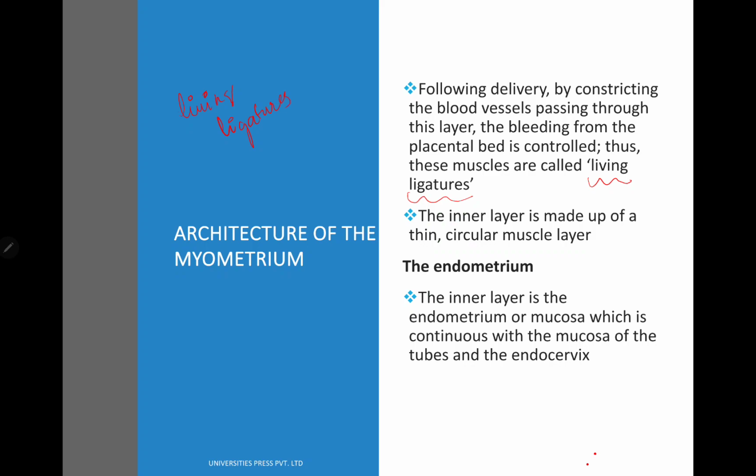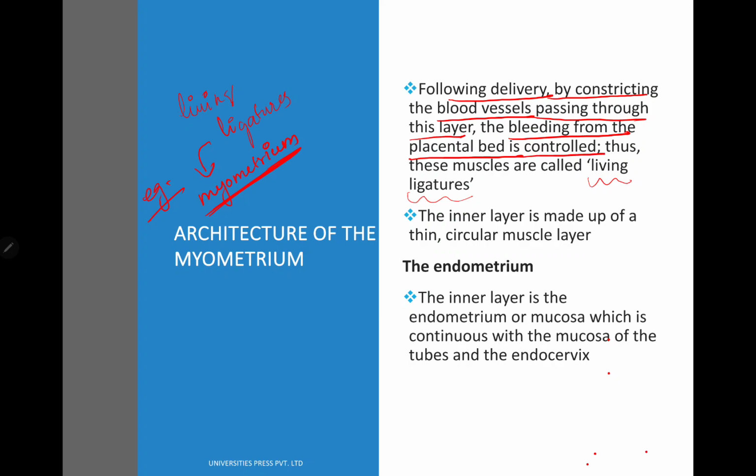Living ligatures, for example, is going to be your myometrium. Why is the myometrium otherwise called living ligatures? Because following delivery, by constricting the blood vessels passing through this layer, the bleeding from the placental bed is going to be controlled.